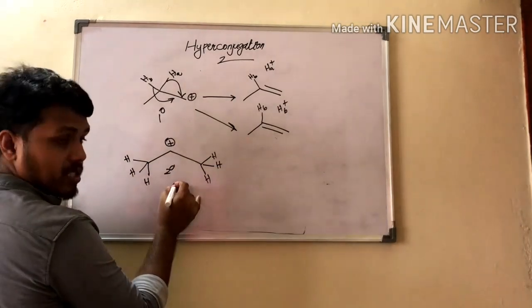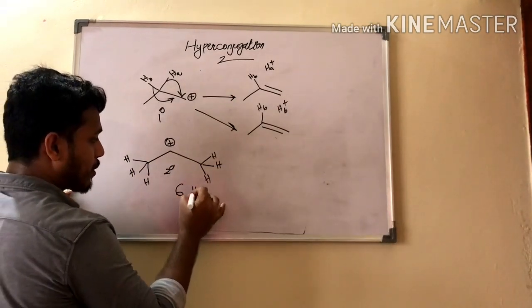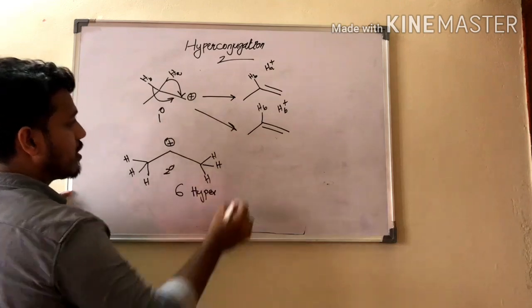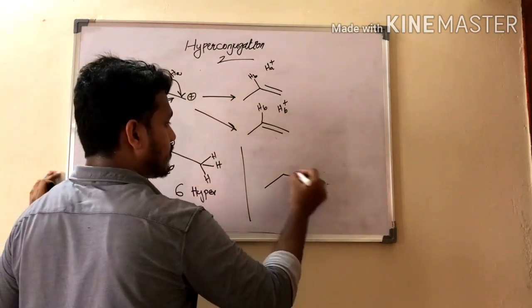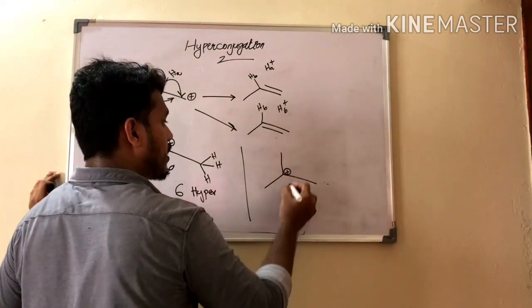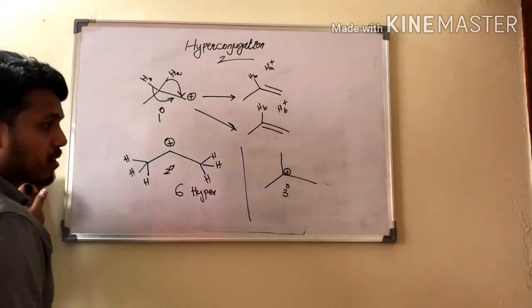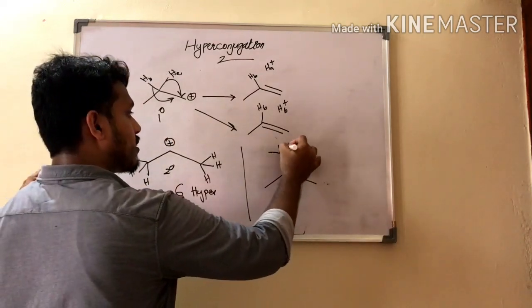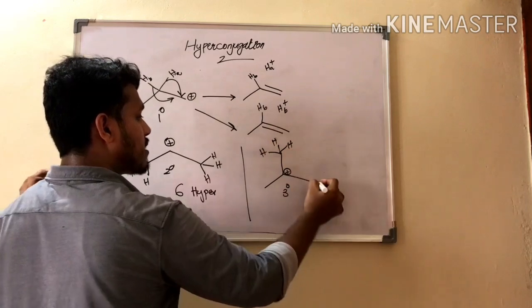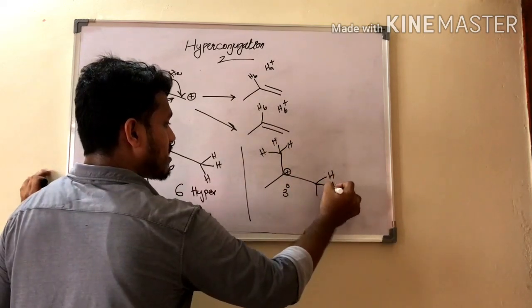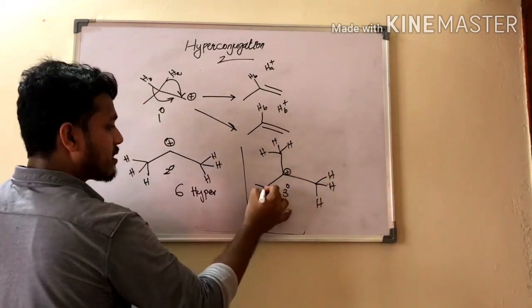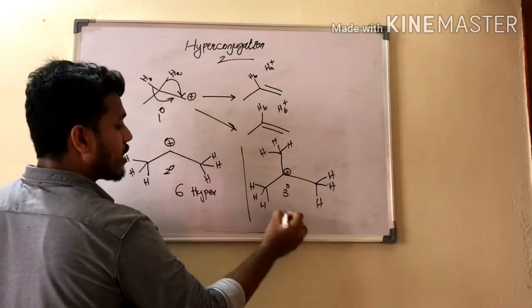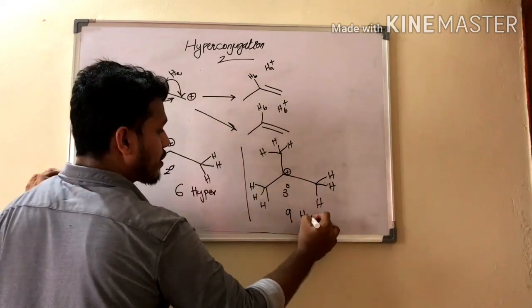Totally you can expect 6 hyperconjugations, right? What about this structure? This is a tertiary carbocation. You can expect 3 from these 3 hydrogens, another 3 from these 3 hydrogens, another 3 from these 3 hydrogens. Total you can expect 9 hyperconjugations.